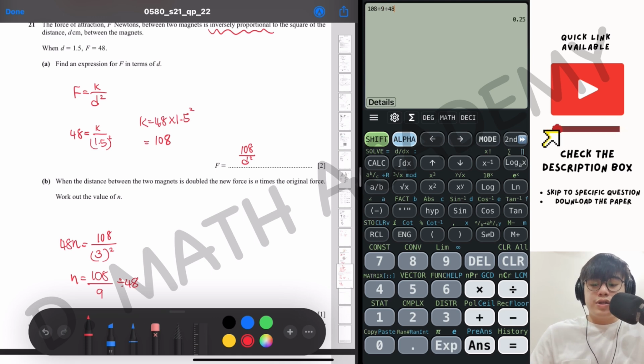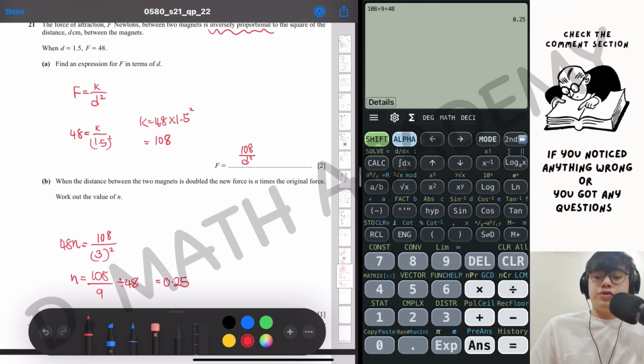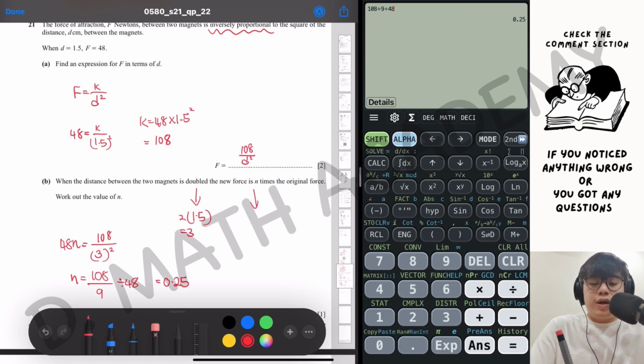You will get your answer as 0.25. So this is how you secure the marks. They actually wanted us to utilize the 1.5 from the front, and this will be 48n. Okay.